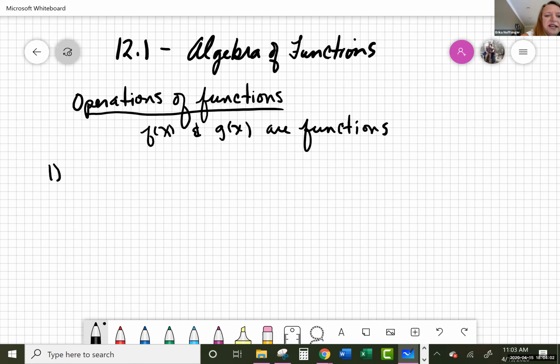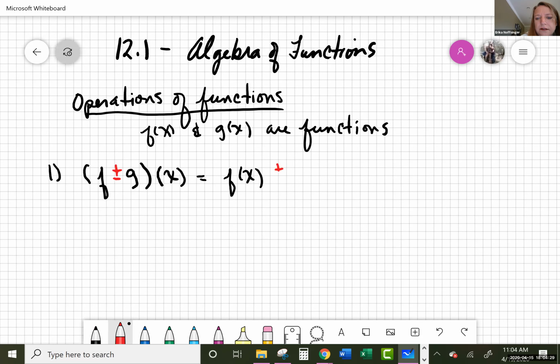The following notation holds. So if you have parentheses, f, it could be plus or minus in here. I'm just going to do both of them, so I don't have to write it twice. Plus a function g, or f minus a function g, and then with your x out here. This is saying f of x plus or minus the function g of x.